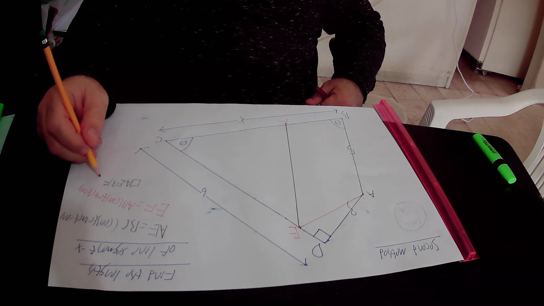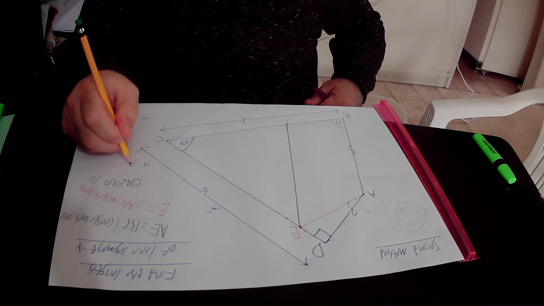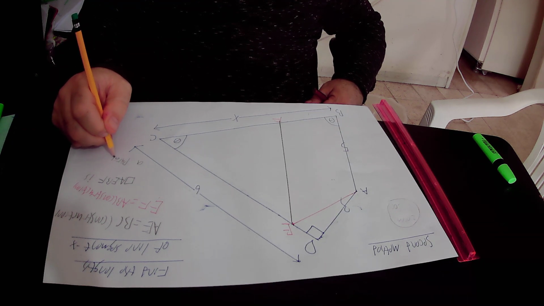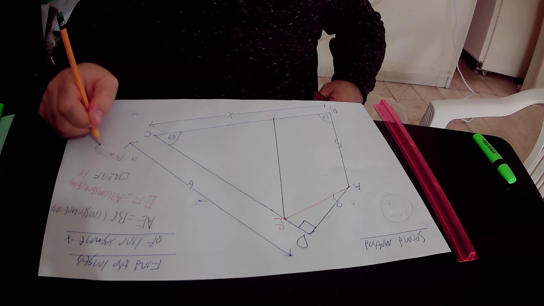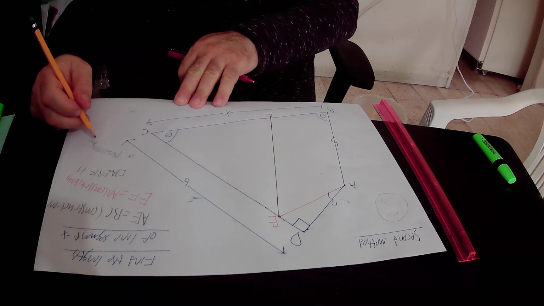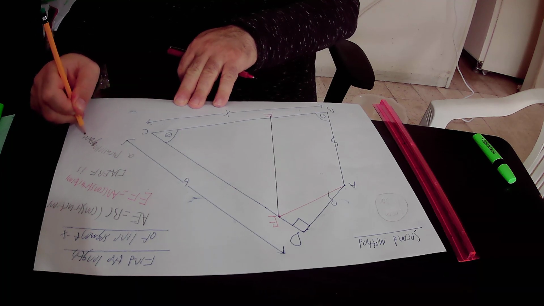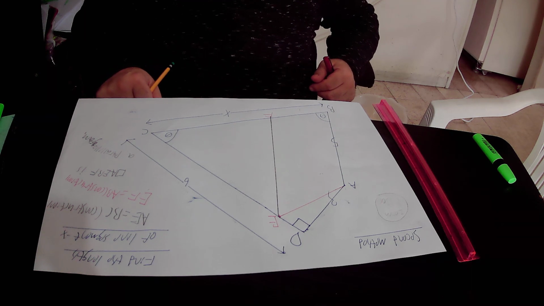So quadrilateral ABFE is a parallelogram because it has two couples of sides that are parallel to each other.